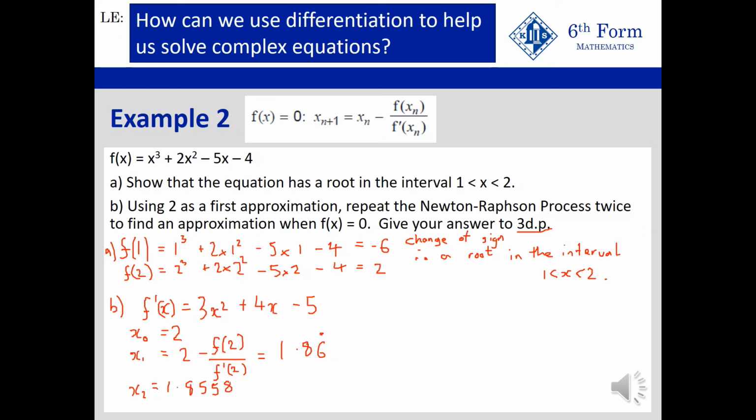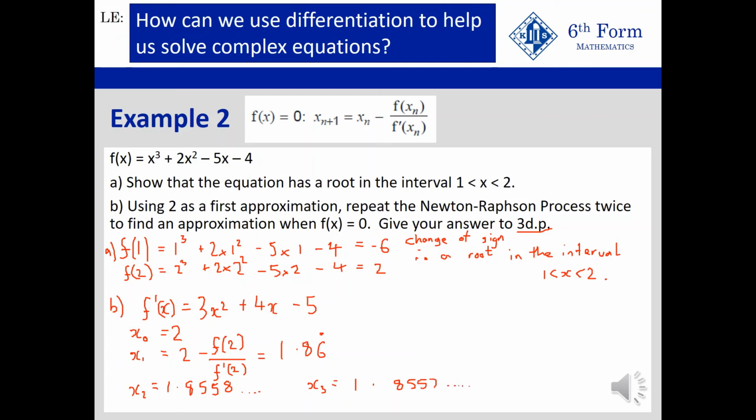We've been asked to go for 3 decimal places, so we're not quite there yet. If I work out x3, I'm coming out with 1.8557.